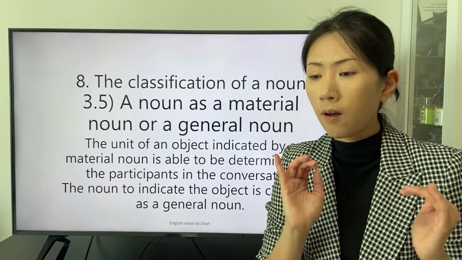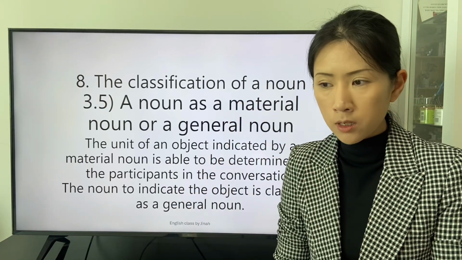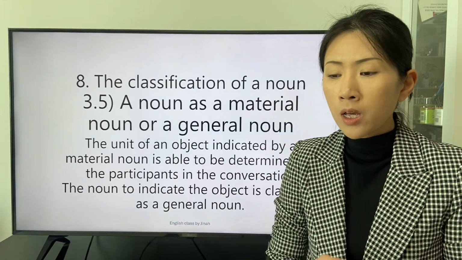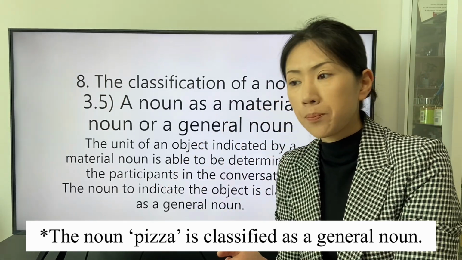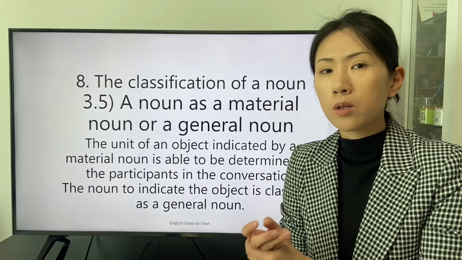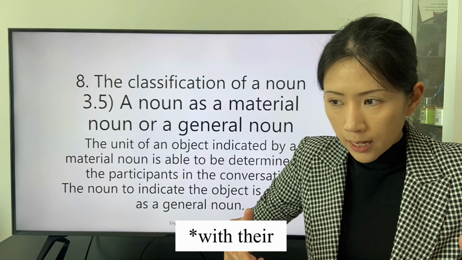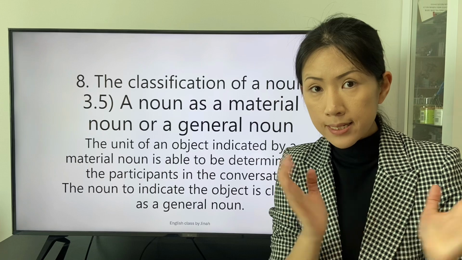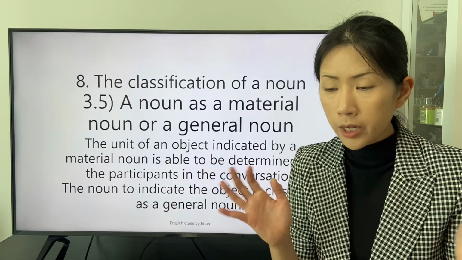The unit of the pizza baked out of the oven is not needed to be defined because it's definite. A pizza and the other pizza are separate in their original state.